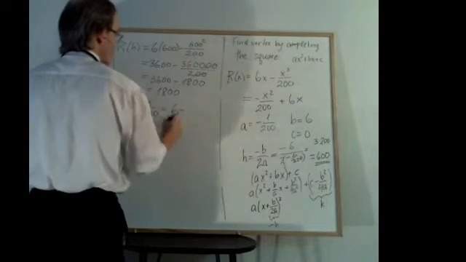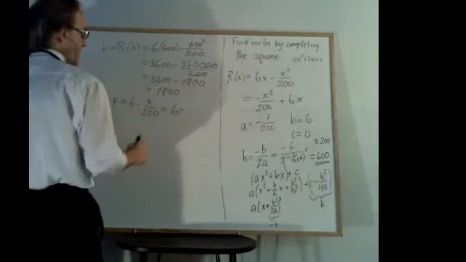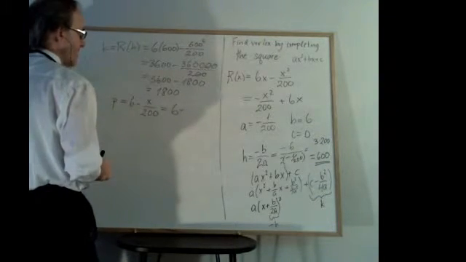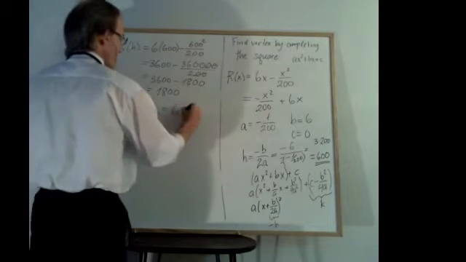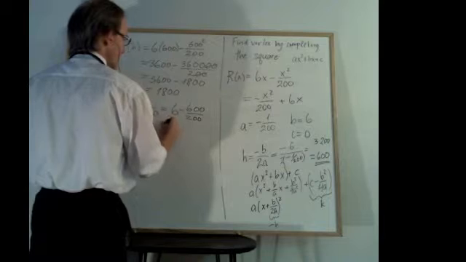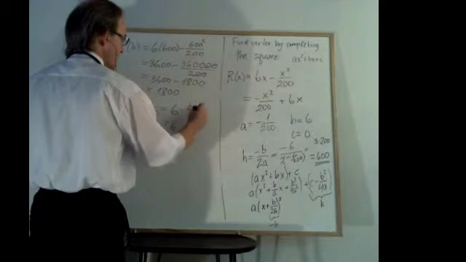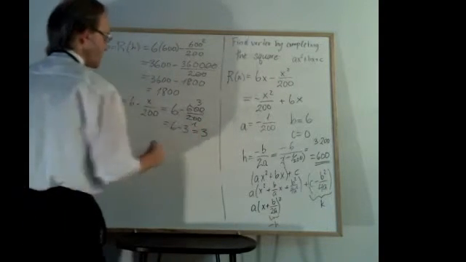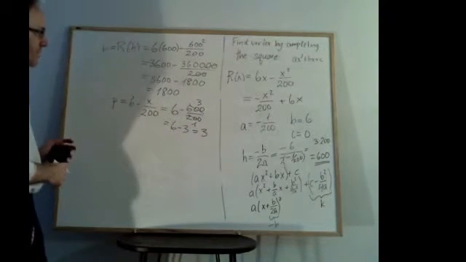So the price is 6 minus 600 over 200. That cancels and I get 3. So 6 minus 3 is 3. So it's $3 per item.